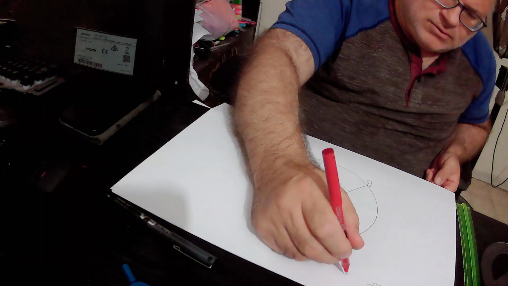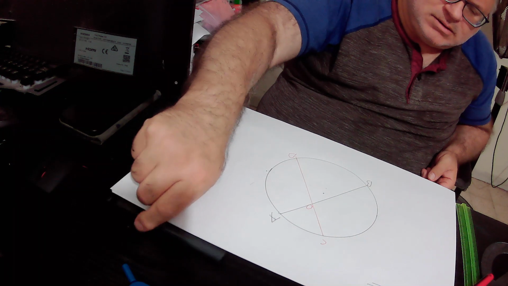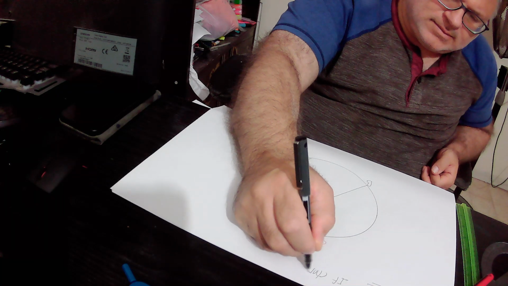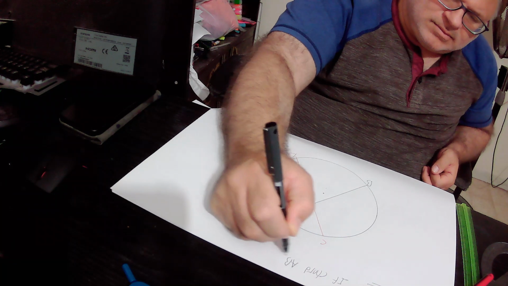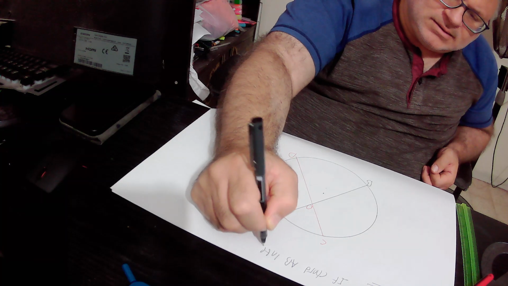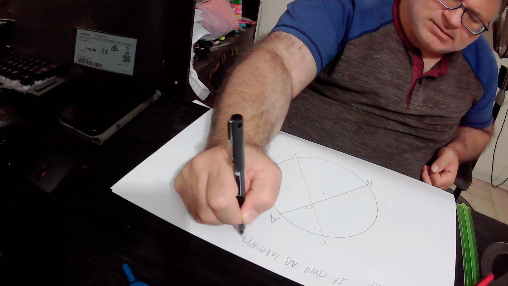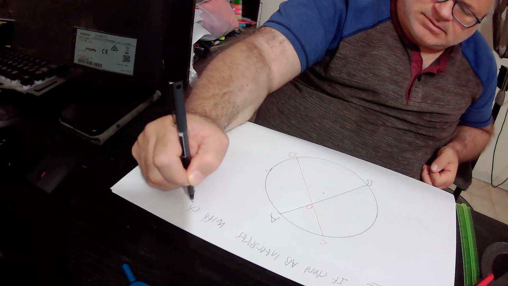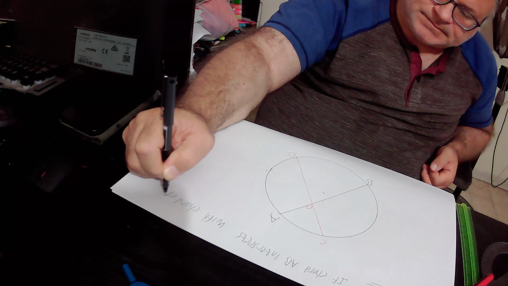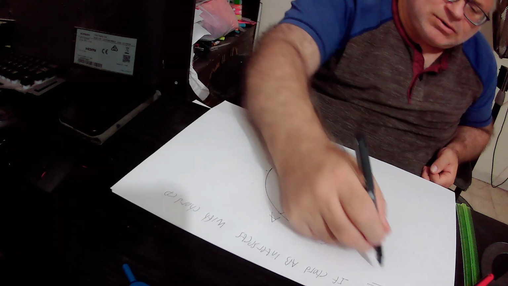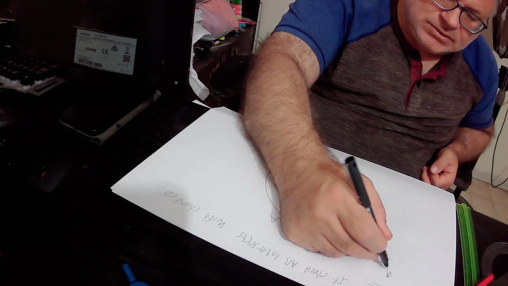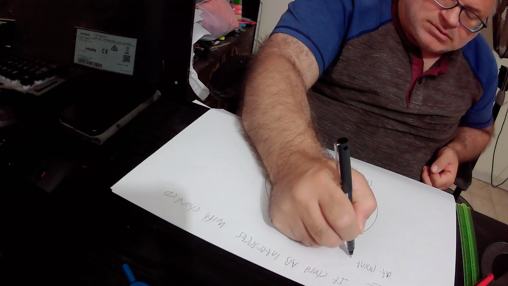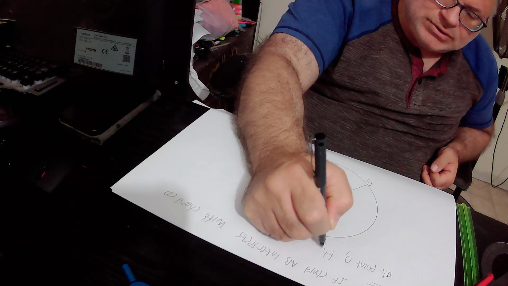So here, if chord AB intersects with chord CD, it's point O. Point O is the intersection point between the two chords. Then the following equation will be true.